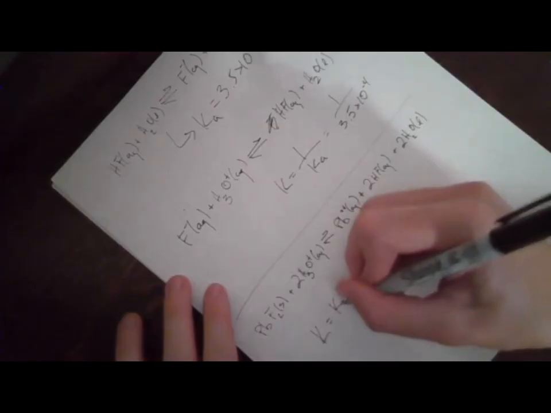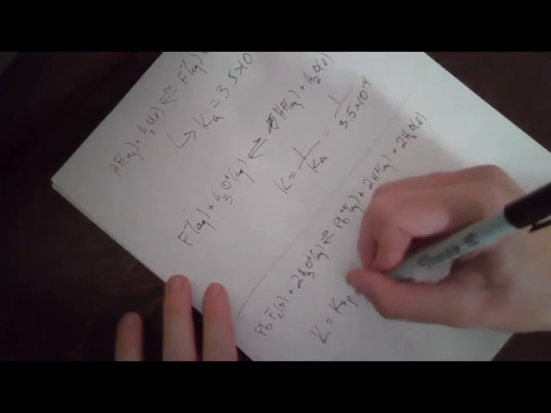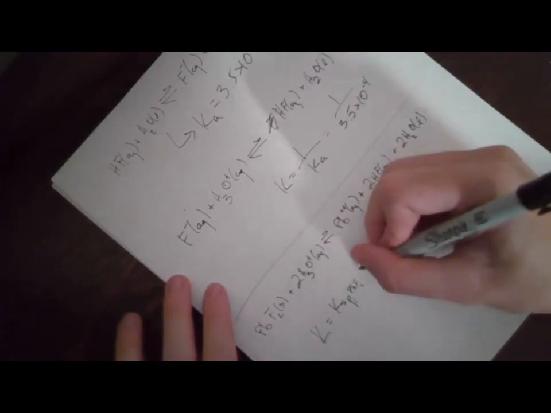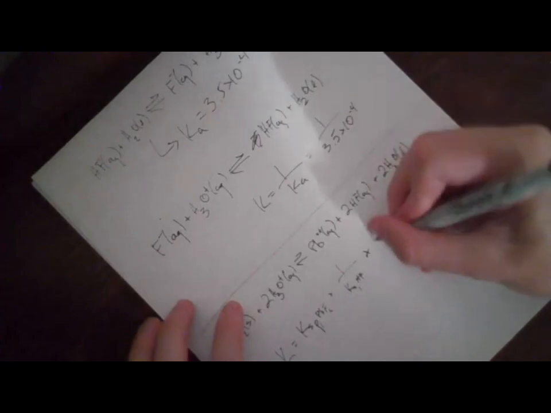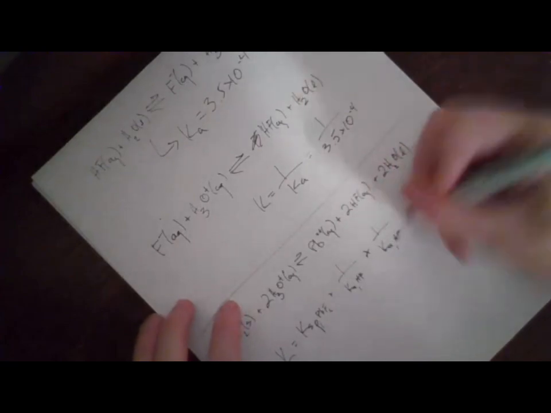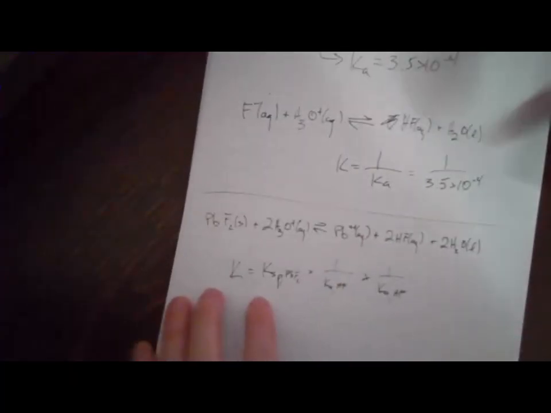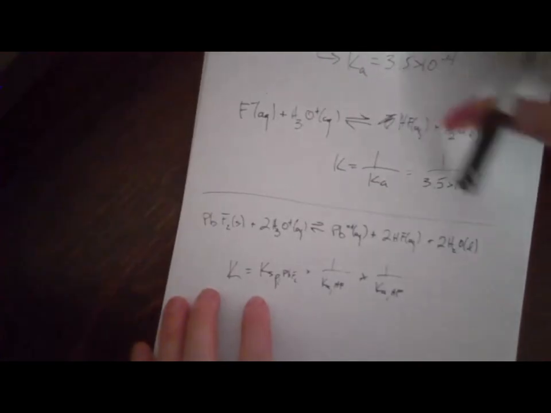And so the K for this reaction is going to be my Ksp of the lead fluoride times 1 divided by the Ka of HF times 1 divided by the Ka of HF. I'm doing these steps 1, 2, 3. So I just multiply all of those equilibrium constants together.